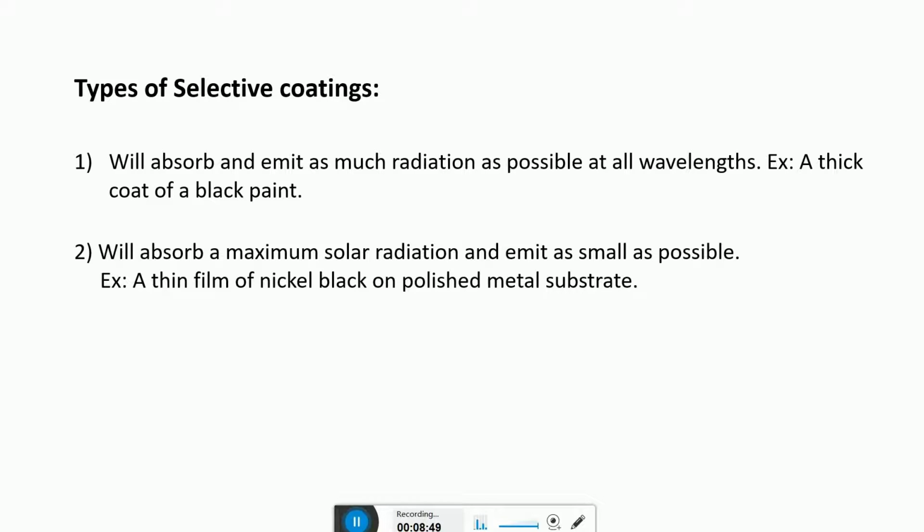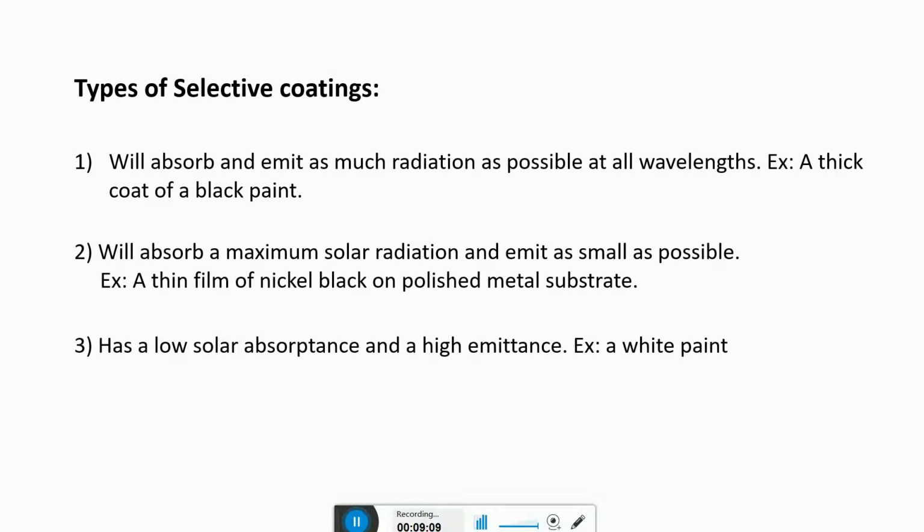The second type will absorb maximum solar radiation and emit as little as possible. Its example is a thin film of nickel black on a polished metal substrate.